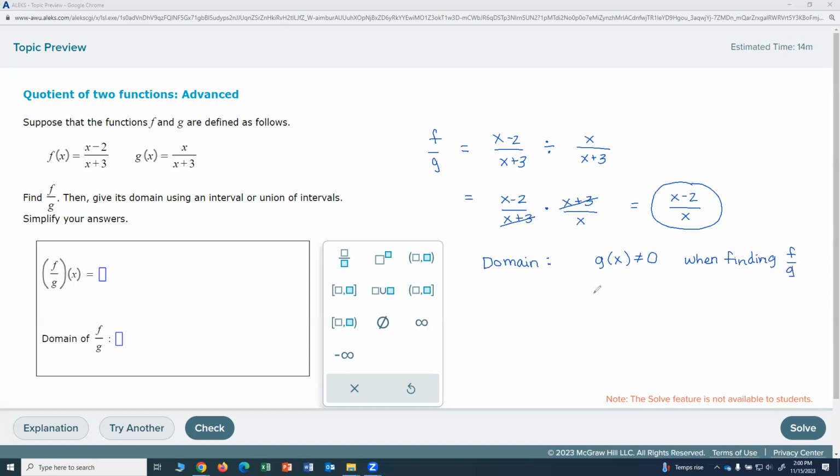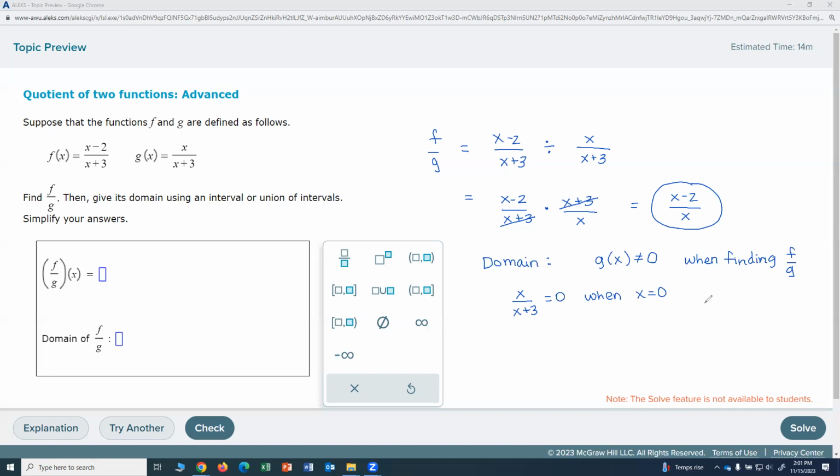And so g of x equals 0 when x equals 0. So x over x plus 3 equals 0 when x equals 0. So that's going to be one of my restrictions. In the domain, x cannot equal 0.